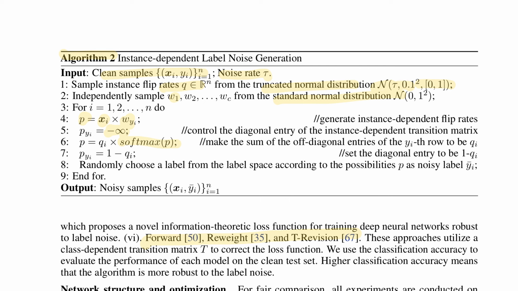Then you perform softmax on it and you multiply the result by qi, which is going to be the sum of the off-diagonal entries, and then you basically put 1 minus qi on the diagonal elements, and then you choose a label from label space according to this probability, and you enter in this routine.